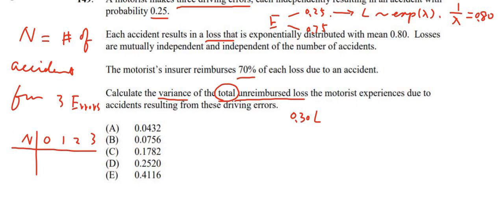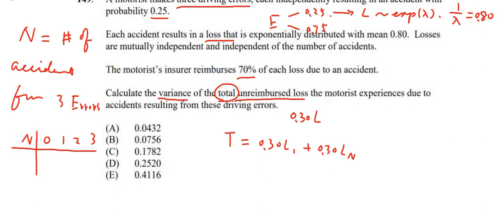Okay, so the total unreimbursed loss T equals 0.30 L1, or if n equals 2, 0.30 L2, or so if there's n, it's just Ln, right?